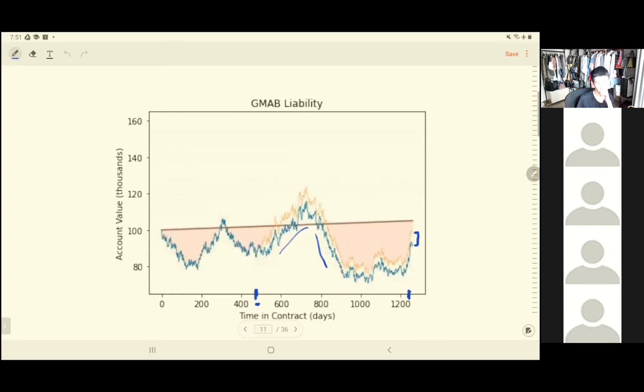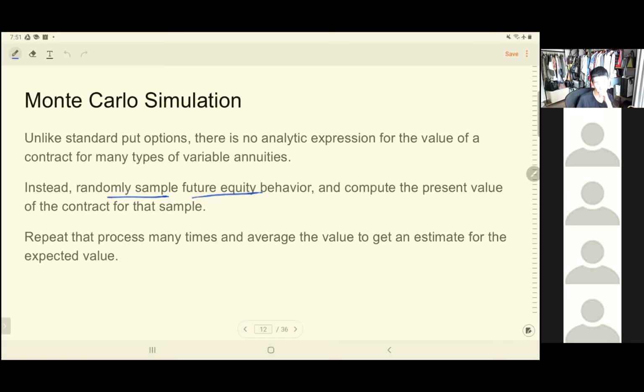That corresponds to looking at this thing over here: we sample what happens in the future. The blue line after this 500 or so is hypothetical stock movement. But it's one sample, and if we do that enough times and average, we get an estimate for the expected value. Now, the question is, what exactly do we mean by many times?